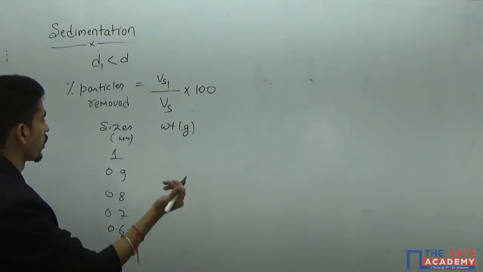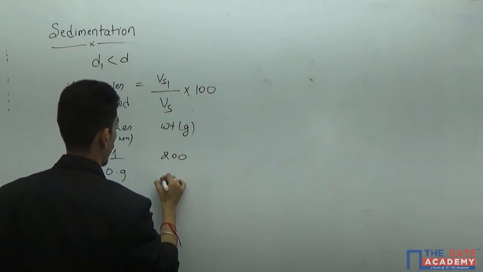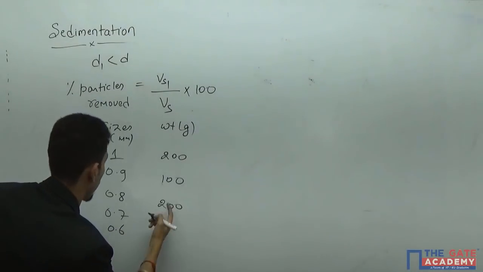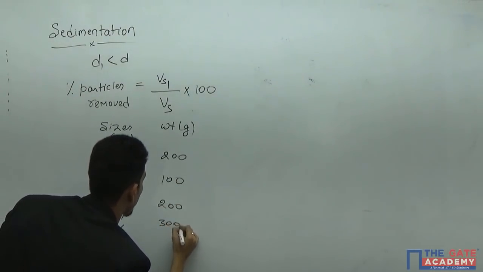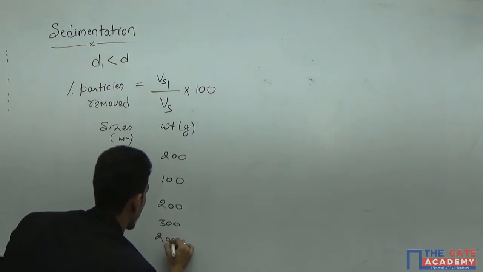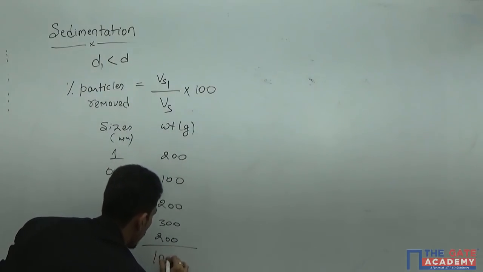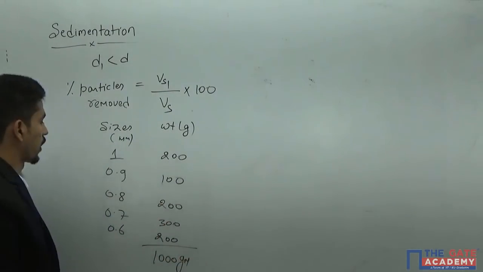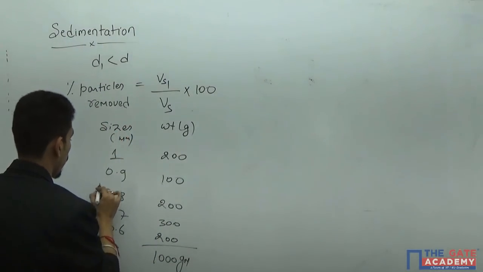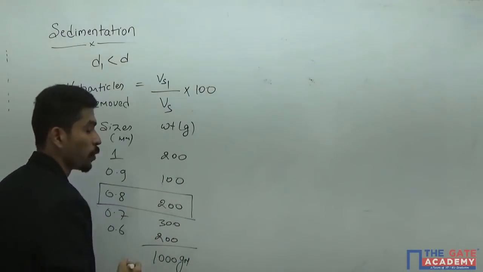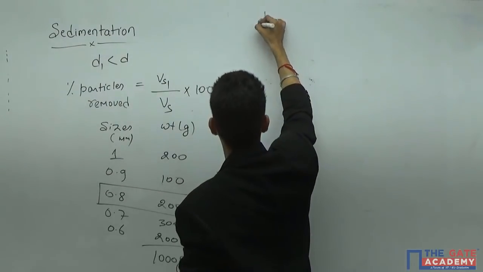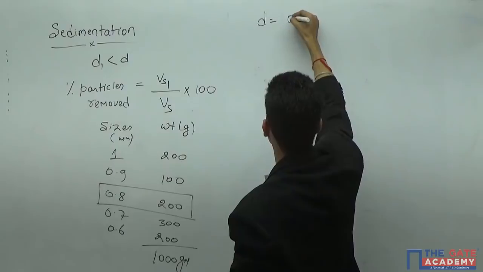Let us suppose the weights are 200, 100, 200, 300, and 200 grams. So the total comes out to be 1000 grams. And I am saying that I am designing my treatment unit as per this particular size. That means my D, small d, is equal to 0.8.